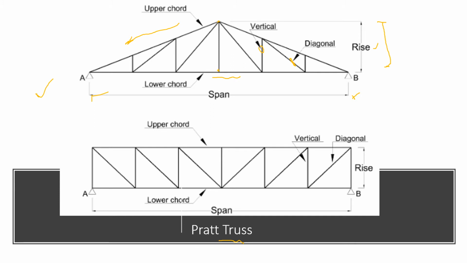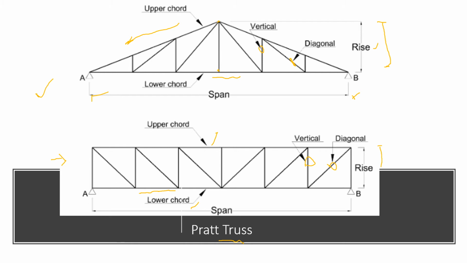For rectangular shape of Pratt truss, here on the top members we call as a top chord, and the bottom member we call as a lower chord, and this is the vertical member, and this is the diagonal member.